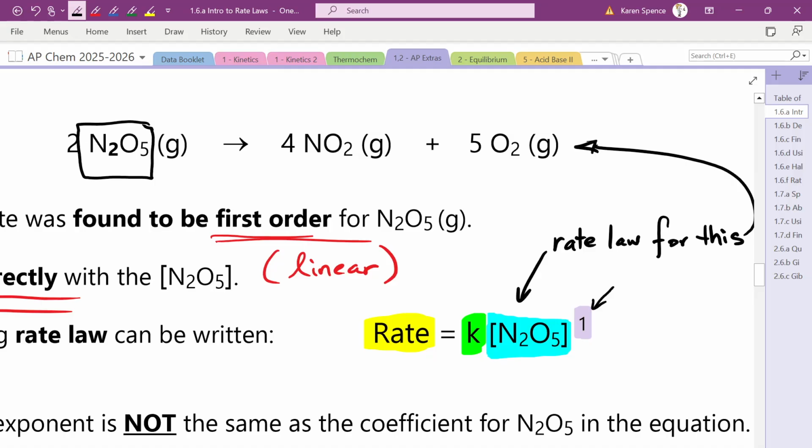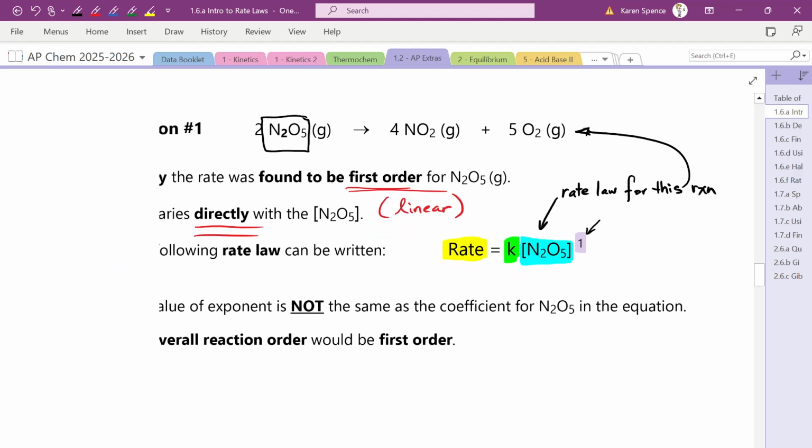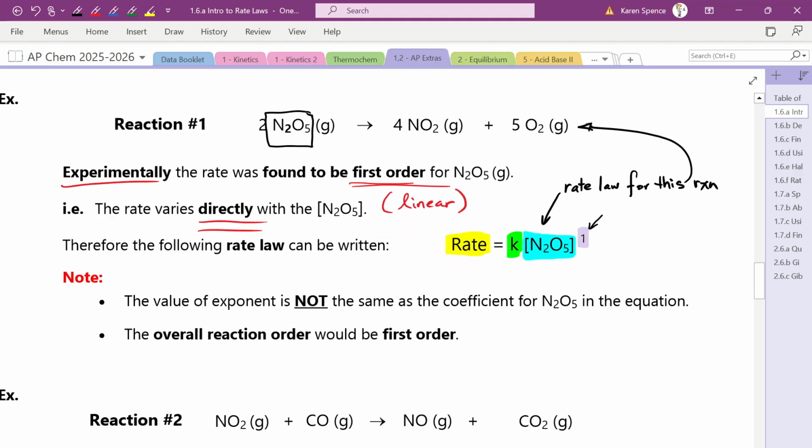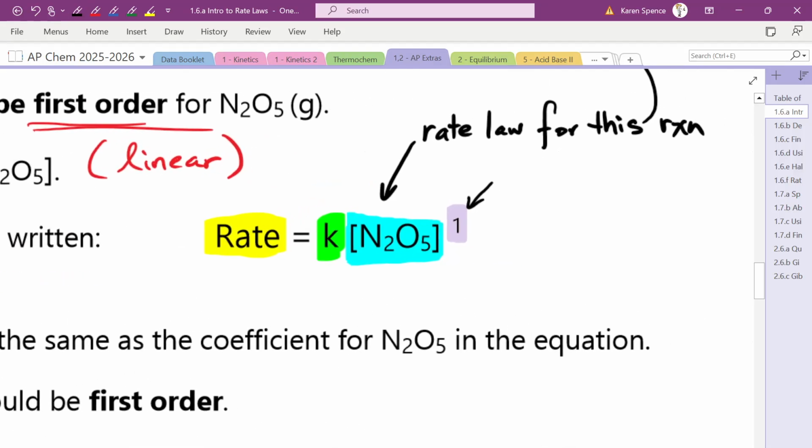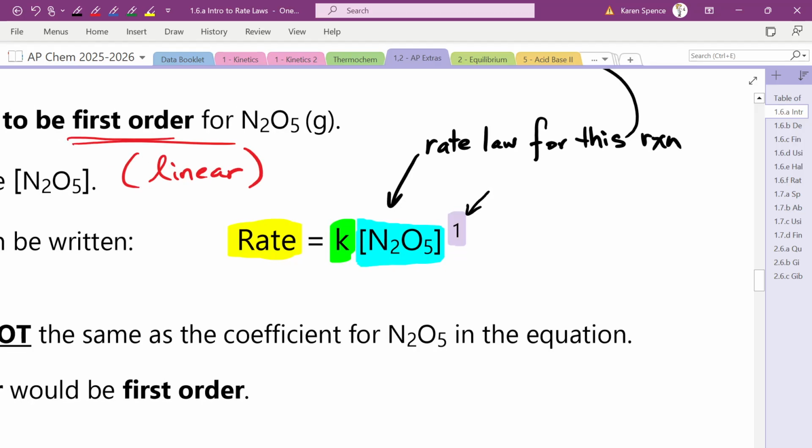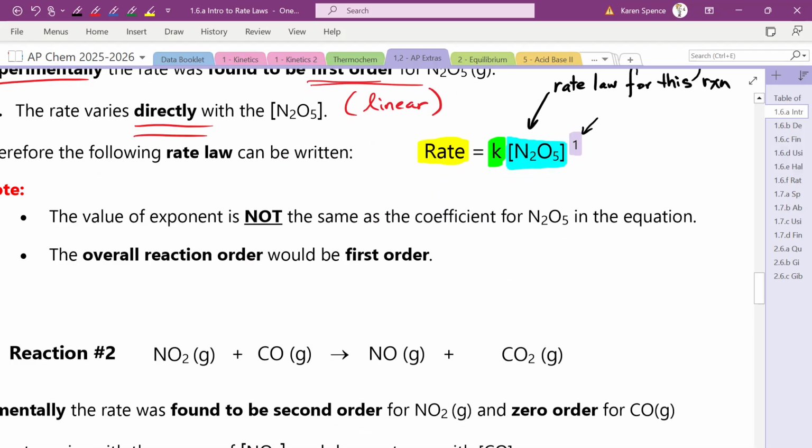And we're told in the question that experimentally they determined that it was first order. So we can put an exponent of 1. And you'll notice that that exponent of 1 is not the same as the coefficient. It is different. What is the overall reaction order? Not hard. 1. Overall reaction order is still first order.